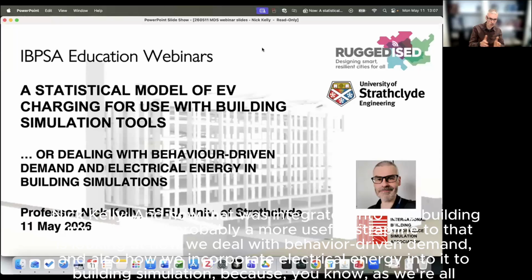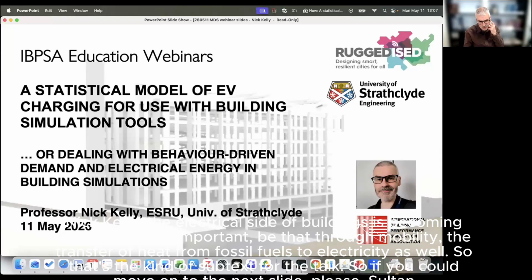Because as we're all aware, in the drive to net zero, the electrical side of buildings is becoming more and more important, be that through mobility, or the transfer of heat from fossil fuels to electricity as well. So that's the kind of subtext for the talk.